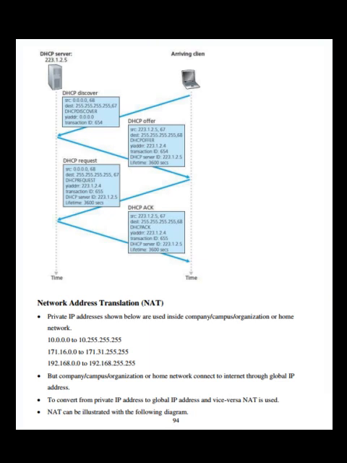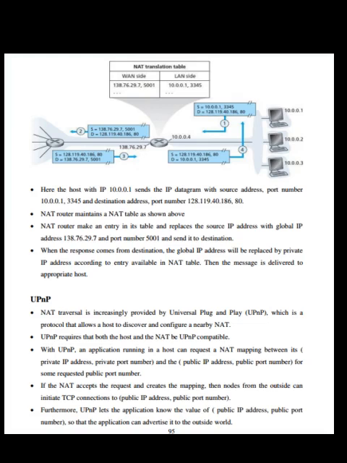NAT can be illustrated with the following diagram. See the diagram here. The host with IP 10.0.0.1 sends an IP datagram with source address and port number 10.0.0.1, 3345 and destination address and port number 128.119.40.186, 80. The NAT router maintains a NAT table as shown above.